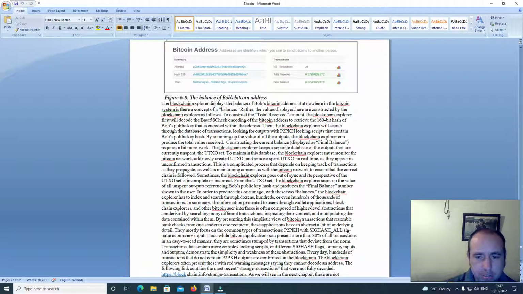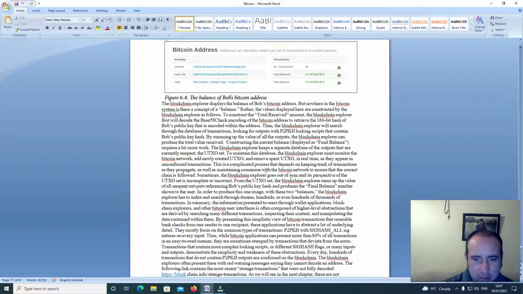Constructing the current balance displayed as final balance requires a bit more work. The Blockchain Explorer keeps a separate database of the outputs that are currently unspent, the UTXO set. To maintain this database, the Blockchain Explorer must monitor the Bitcoin network, add newly created UTXO, and remove spent UTXO in real time as they appear in unconfirmed transactions.